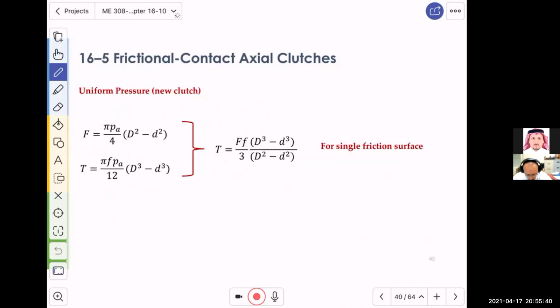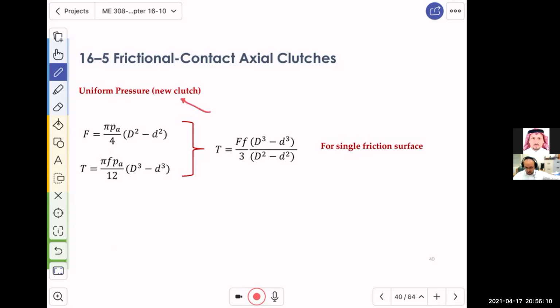Now, I bet you are thinking, what is the uniform pressure problem then? With the uniform pressure problem, we can have these springs, as we said in the introduction, adjusting themselves in order to maintain a constant pressure condition. And with that, we tend to think that a uniform pressure problem is applicable to a new clutch case.